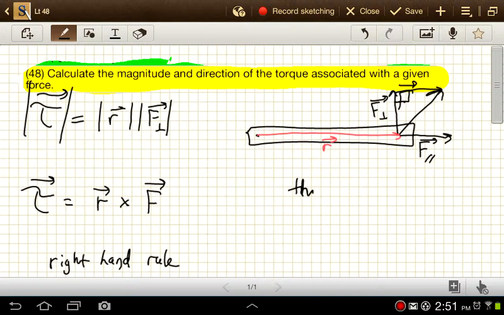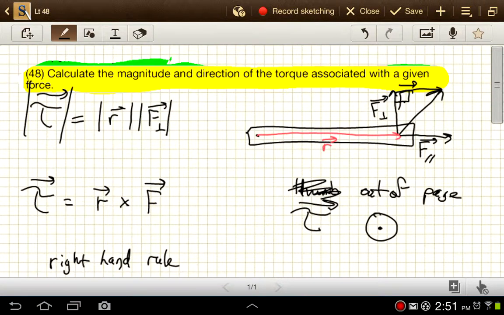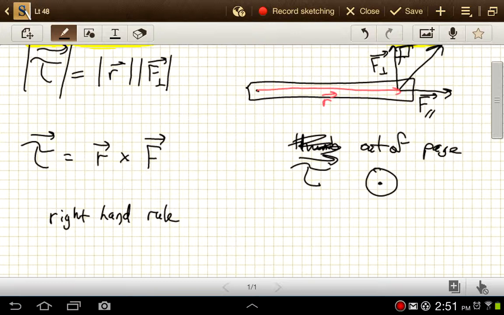Thumb is out of the page. And so that means that my torque is also out of the page. The direction for my torque is out of the page. And we would show that with a little circle and a dot inside. I was always told that's supposed to look like an arrow from a bow coming at you, or if it were into the page, it'd be a circle with a cross inside.